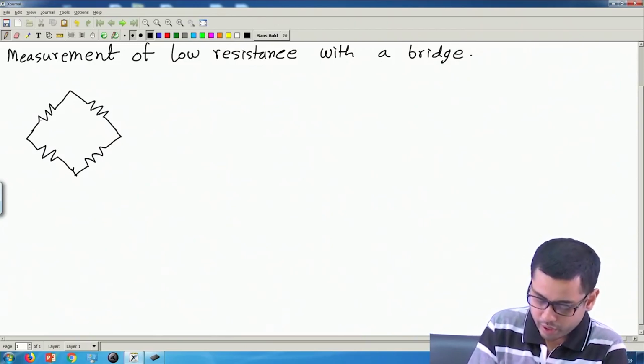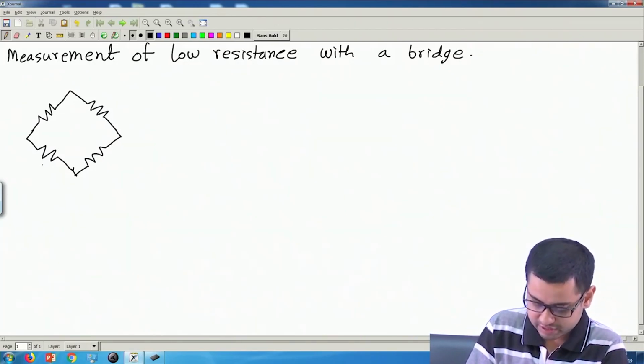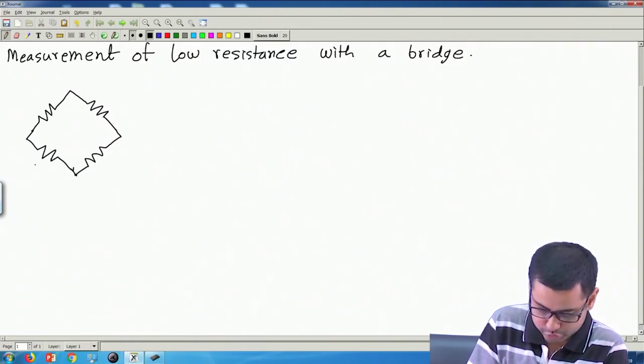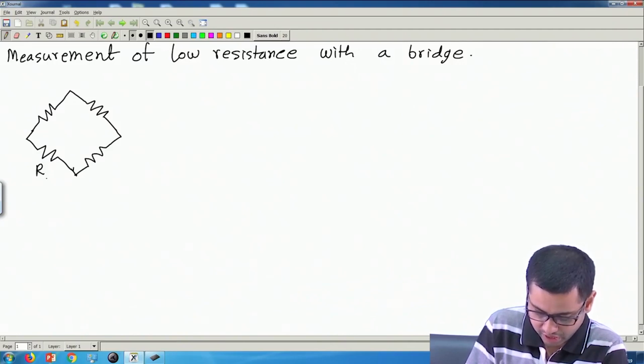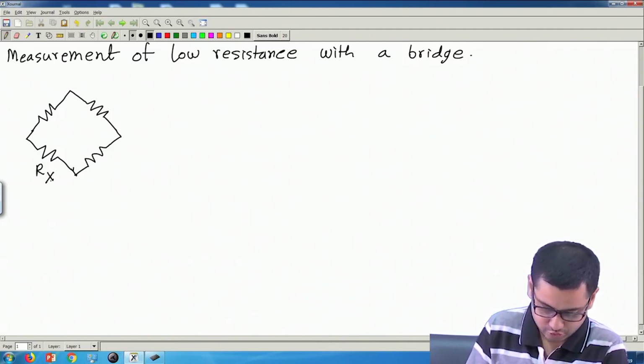Now, one among these four resistances definitely is the unknown one which you want to measure. Say this is the unknown resistance, call it Rx, x for unknown.